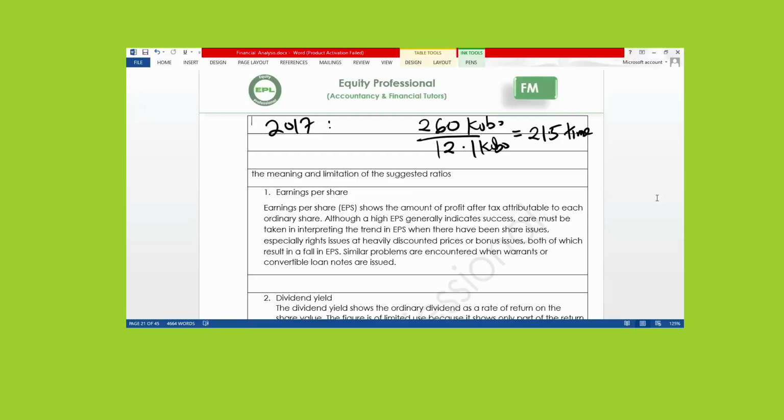Those are the limitations. The rise in earnings per share may not be a result of the company's performance. So we cannot say that because earnings per share is rising, the company is doing well, or because it is falling, the company is doing badly.